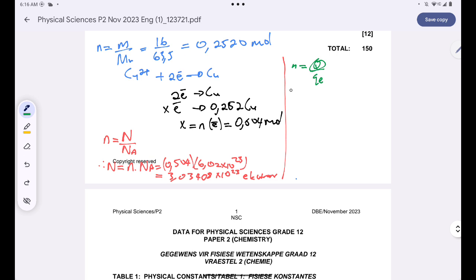I do have the number of electrons, right? Number of electrons is simply 3.03408 times 10 to the power 23, which is equal to the charge all over 1.6 times 10 to the power negative 19.